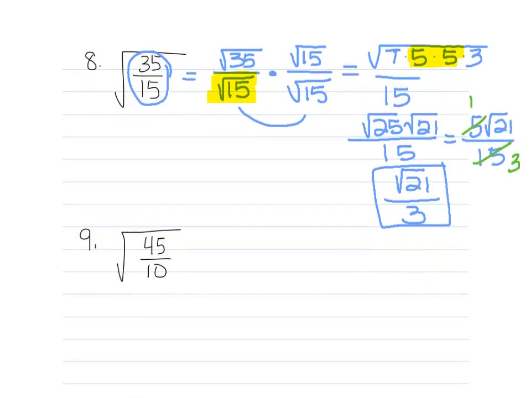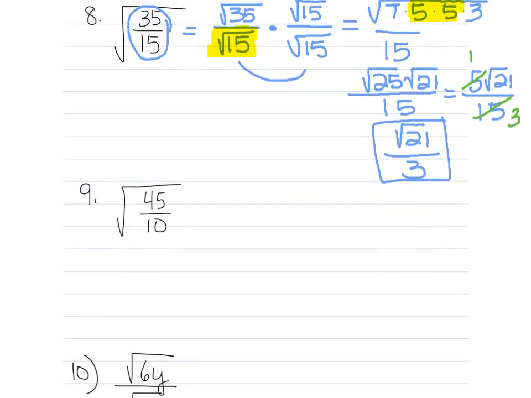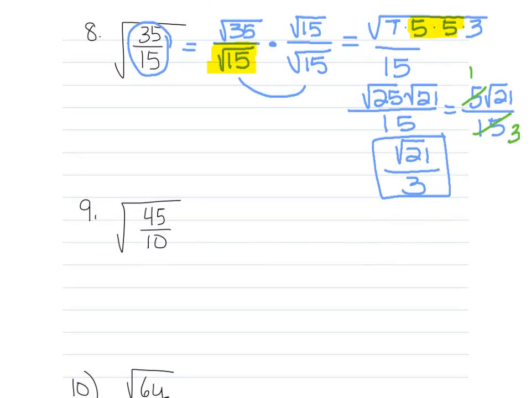Okay, let's try number 9. Remember, you are not allowed to have a fraction under the radical symbol. So we need to rewrite it this way. But you are neither allowed to have a radical in a denominator, so we need to get rid of it.